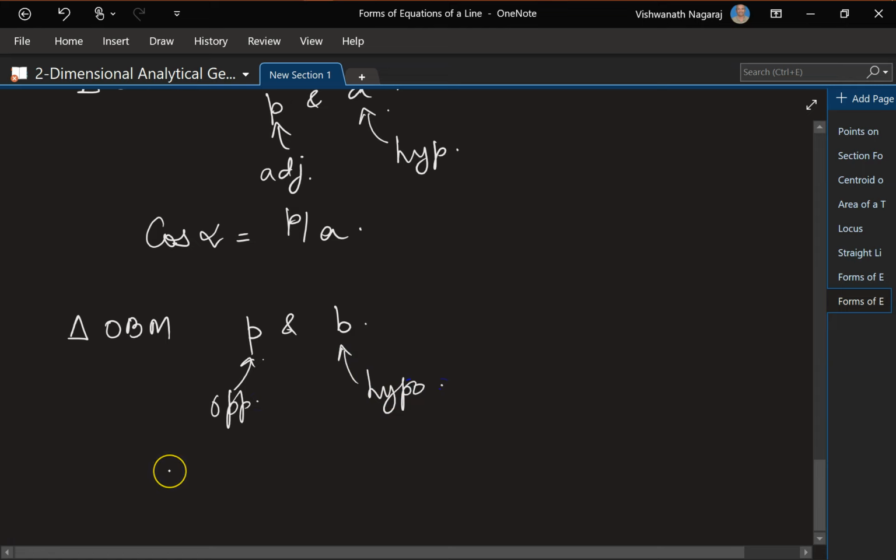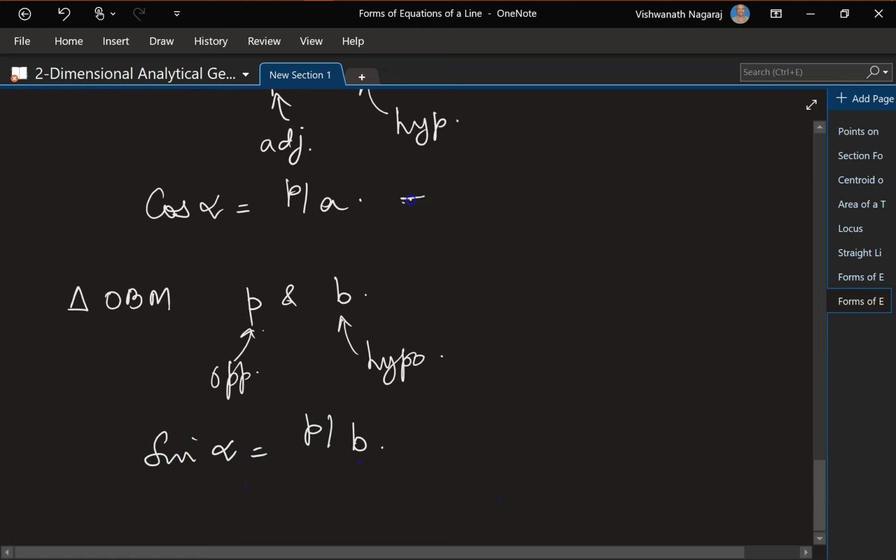So which means we require sine alpha is equal to p by b. Now let's rearrange them. a is equal to p by cos alpha, and b is equal to p by sine alpha.